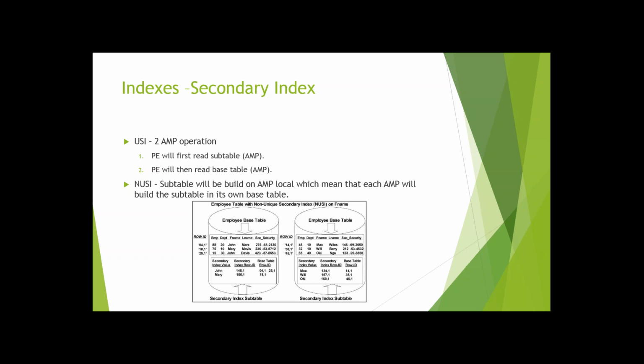There is no guarantee. That's why it's a 2 AMP operation. But in the NUSI, the subtable will be built AMP local, which means each AMP will build the subtable in its own base table.